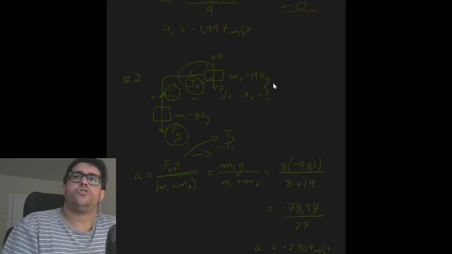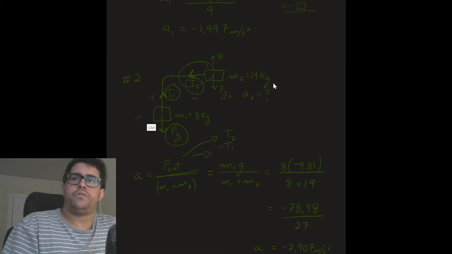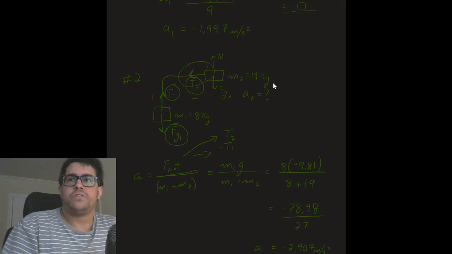Again, we don't choose the direction of the tension. Tension exists, if you want. In this case, it's caused by this mass, but it creates a positive tension up for T1, and it creates a negative tension left for T2.